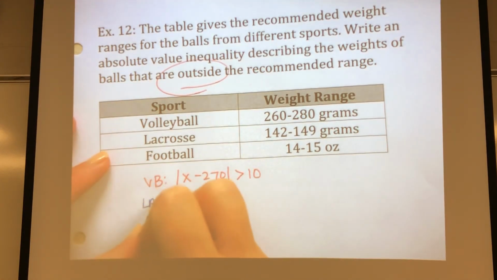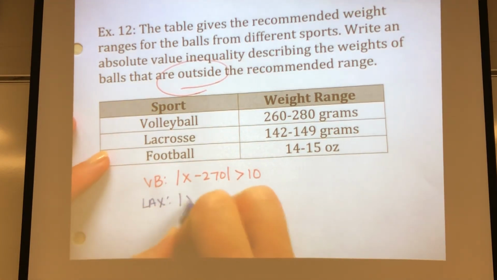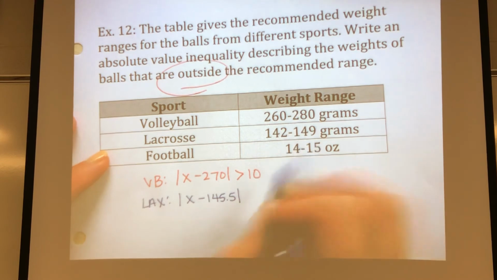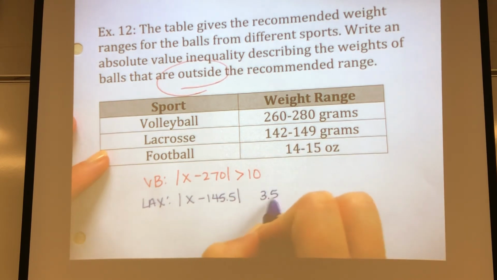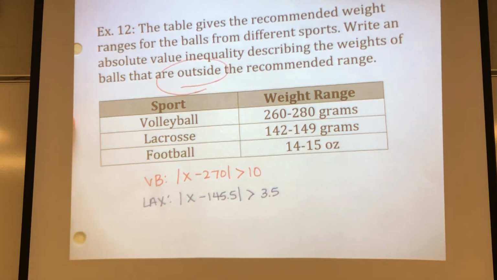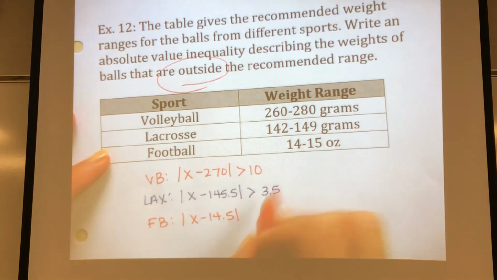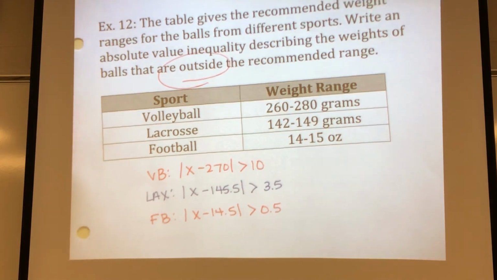If we find lacrosse, let's see, our middle number for that would be 145.5 with an error of 3.5, greater than because we want the numbers outside of the range. And then we have football, x minus 14.5 for that middle number, allowable error of 0.5, again greater than because we want it outside of the range.